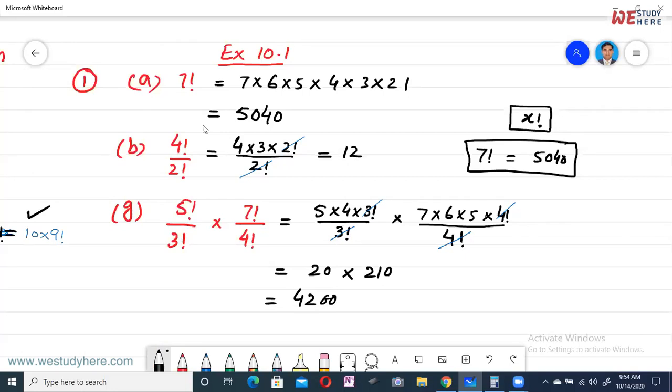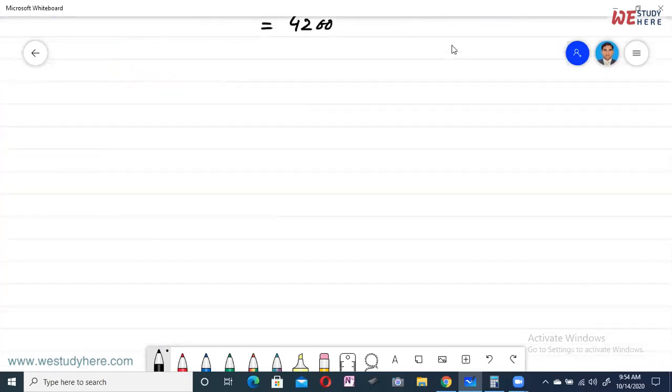Now we are proceeding to the next question, question number 2. Question number 2 is, write each of the following using factorial notation. Here the question is given without factorial.